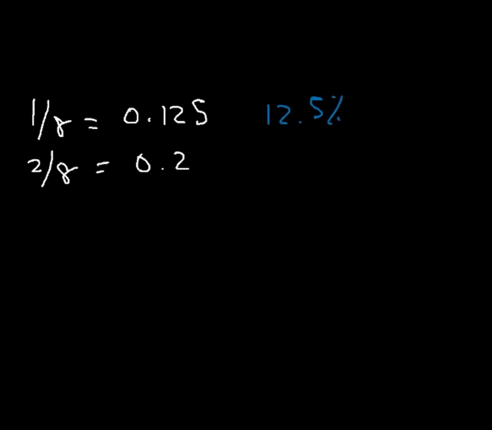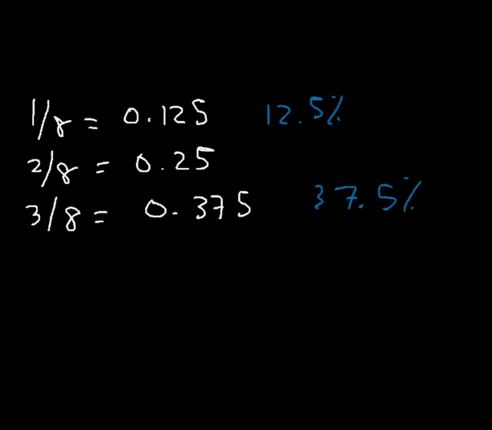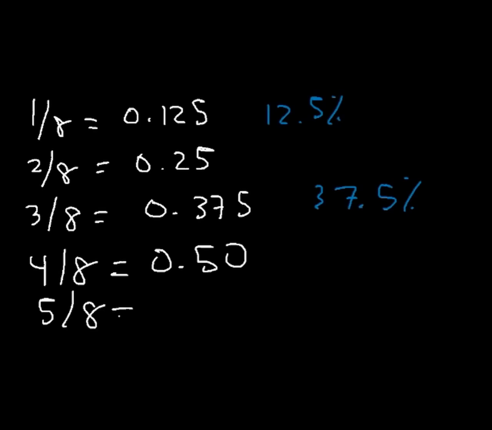Now the other fractions that you want to know is 1 over 8. 1 over 8 is 0.125, which is equivalent to 12.5%. 2 over 8 is 0.25. 3 over 8 is 0.375, which is 37.5%. 4 over 8 is 0.5 or 50%, and 5 over 8 is 0.625, which is 62.5%. 6 over 8, if you divide the 6 and the 8 by 2, you get 3/4.